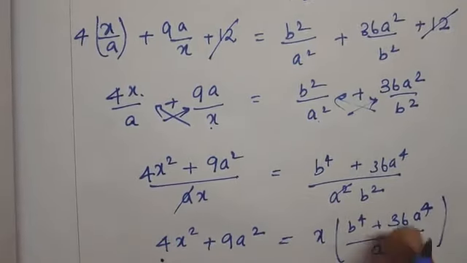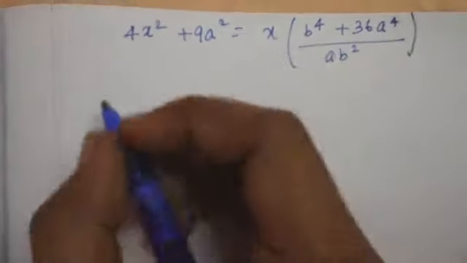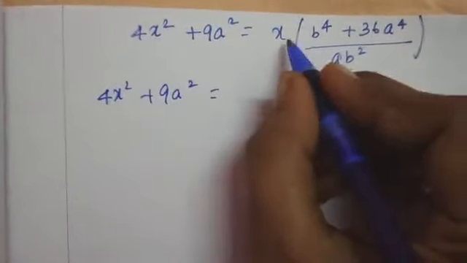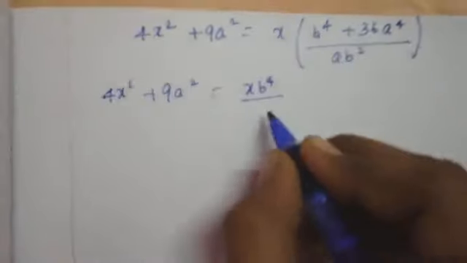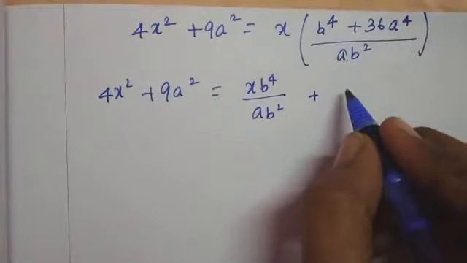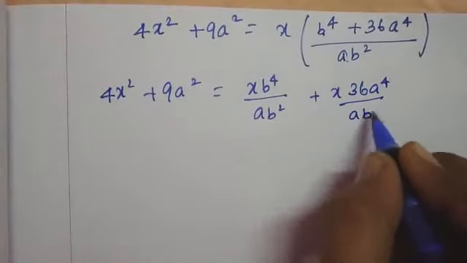Now we will split the terms. If we are splitting the right hand side, it is x into b power 4 divided by a b square plus x into 36a power 4 divided by a b square.